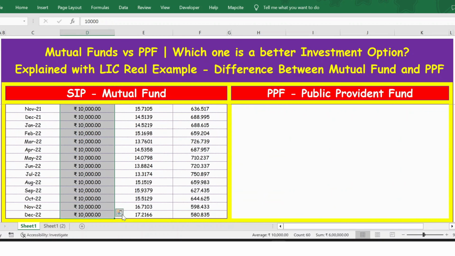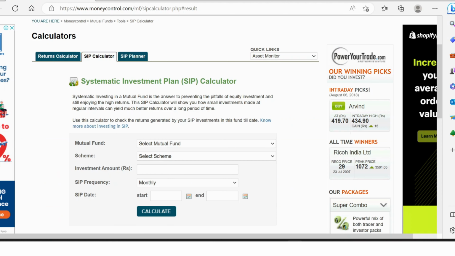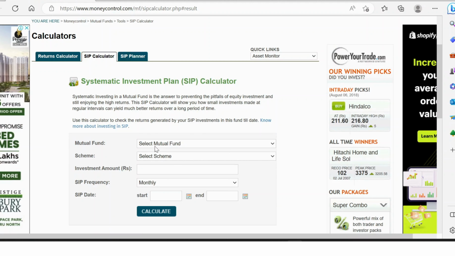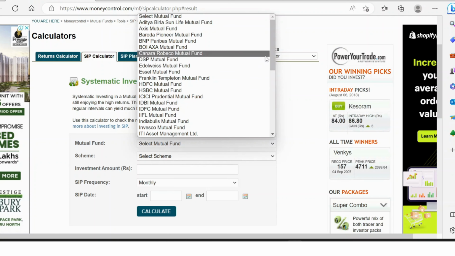To understand what the purchase price was for each month, we need to go to the portal where we have this SIP calculation. Under mutual fund, I select LIC.